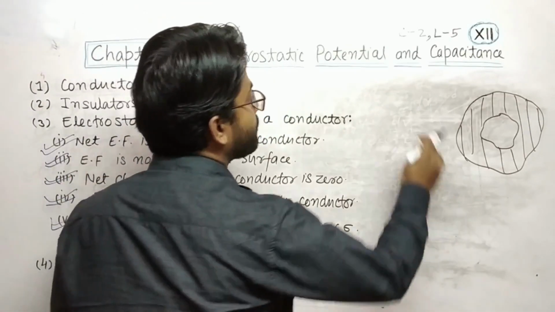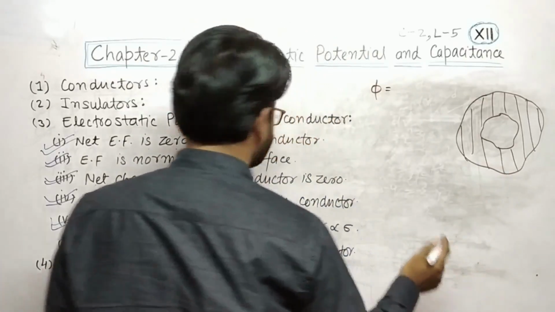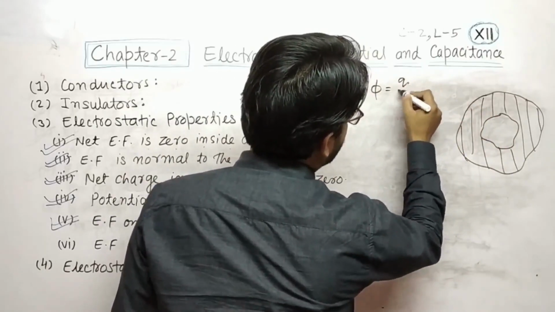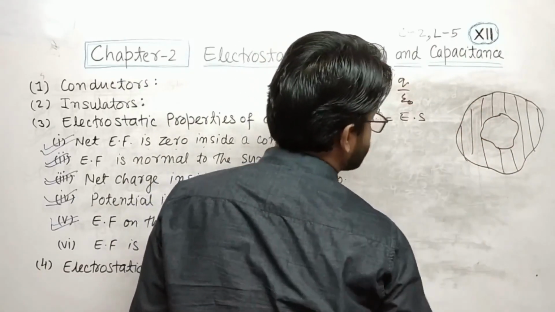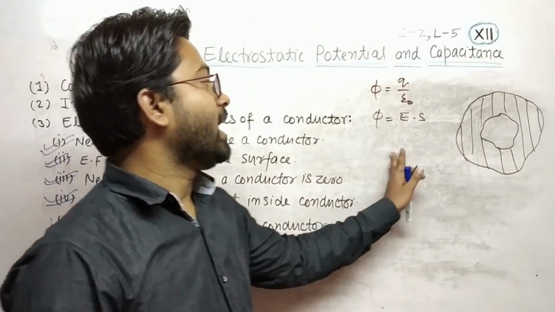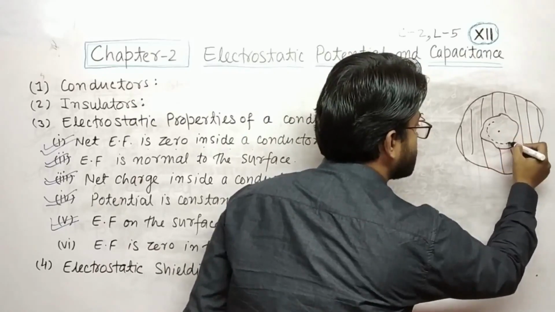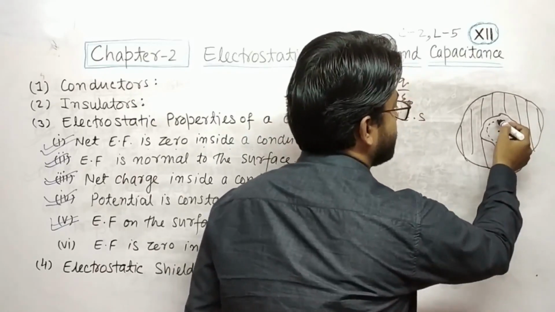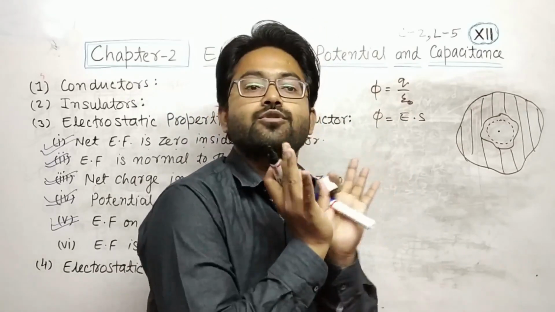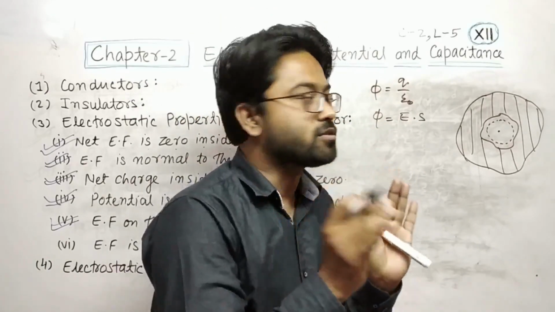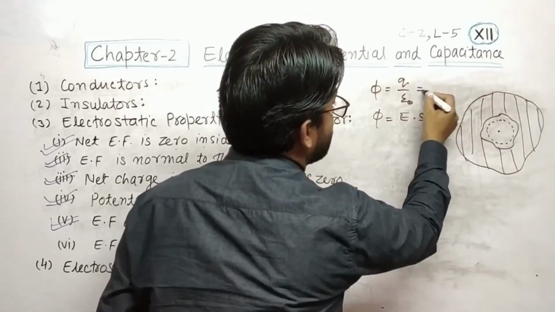We know Q upon epsilon naught, and phi equals E into S. If we apply Gauss theorem here, this is the Gaussian surface, and inside the Gaussian surface there is no charge. All the charges are outside the Gaussian surface. That means Q is 0.